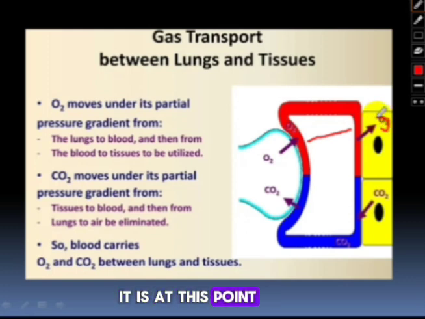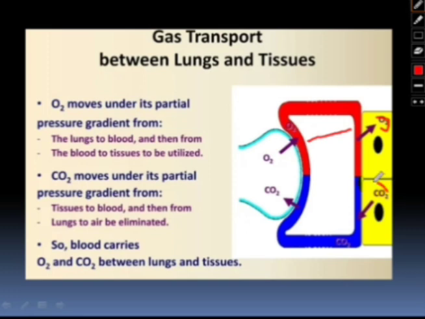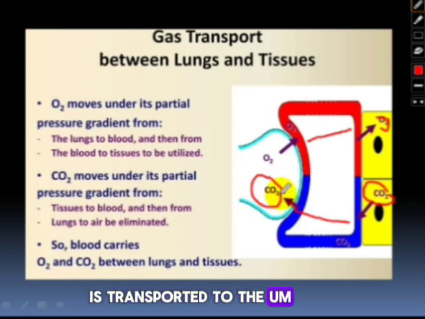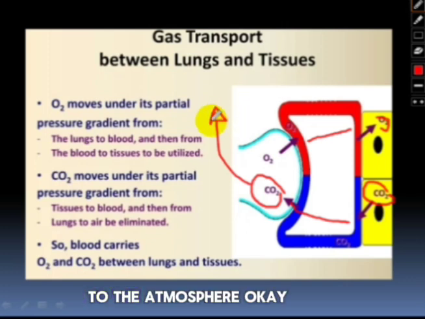It is at this point, at tissue level, that the oxygen is utilized. Conversely, carbon dioxide in the tissue enters the blood, and from there it is transported to the alveoli of the lungs, and from there it goes to the atmosphere.